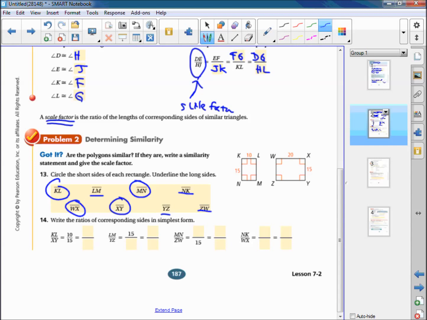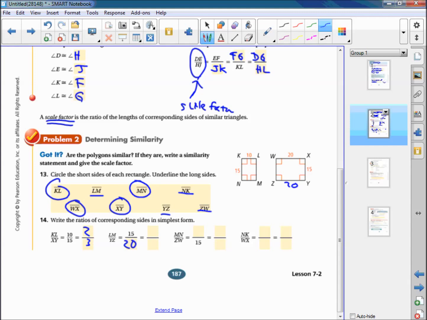So KL to XY. KL to XY is going to be 10 to 15. Okay, and then that would reduce to 2/3, right? Okay. And then LM to YZ, that would be 15 to 20. So that's right here.